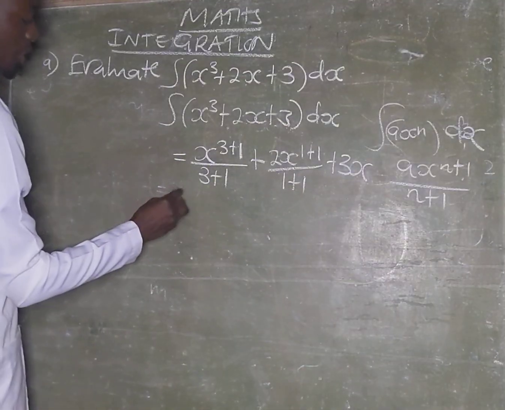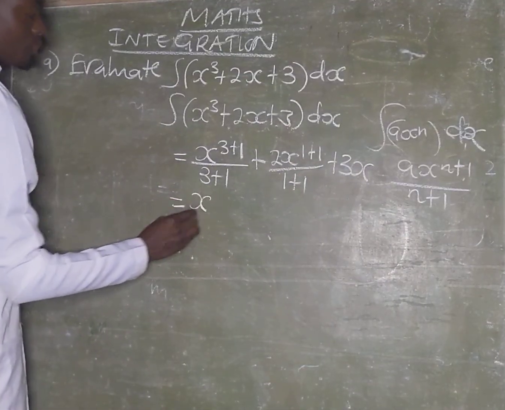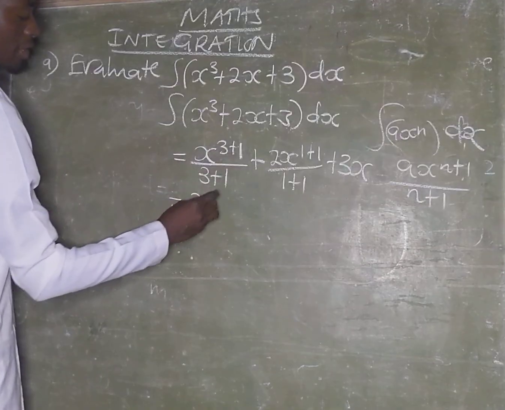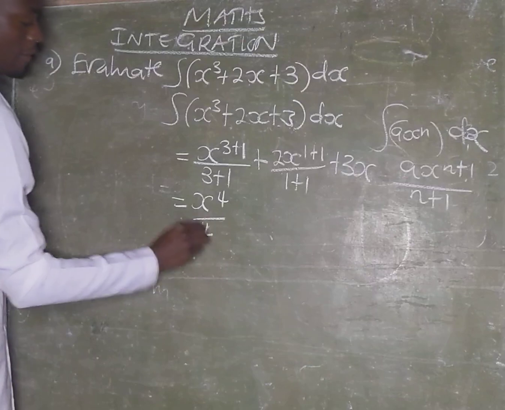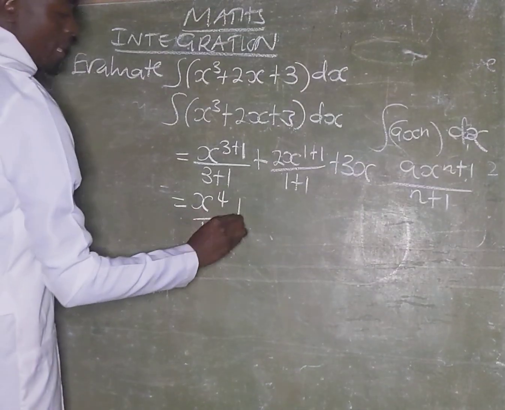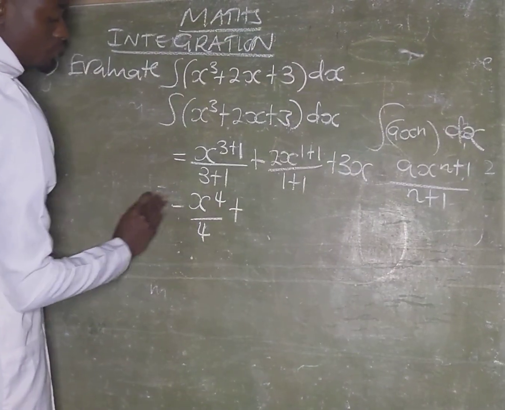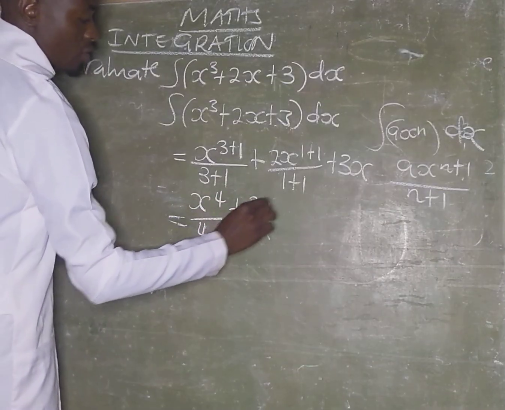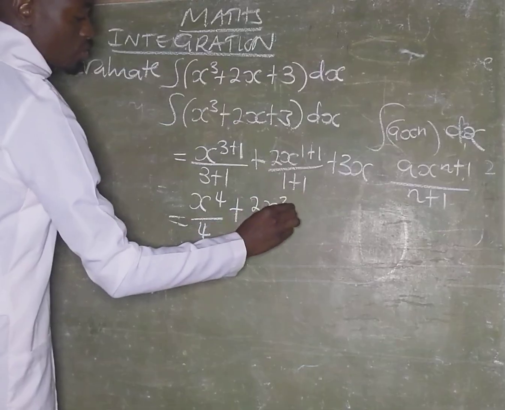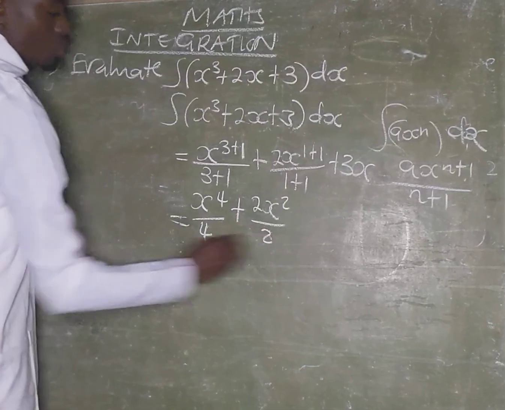So we continue. We have x to the power 3 plus 1, that is 4, over 4, plus 2x to the power 1 plus 1, that is 2, over 1 plus 1, that is 2.